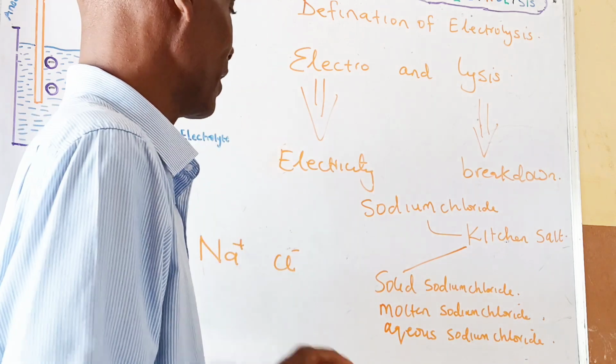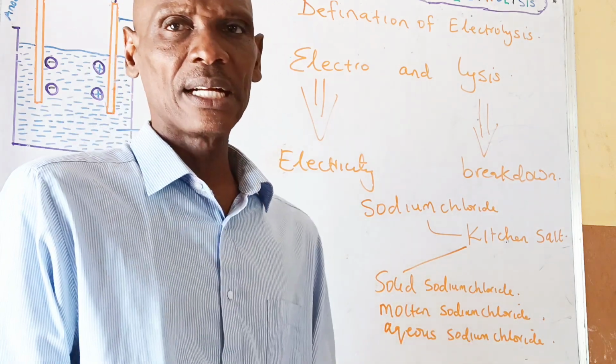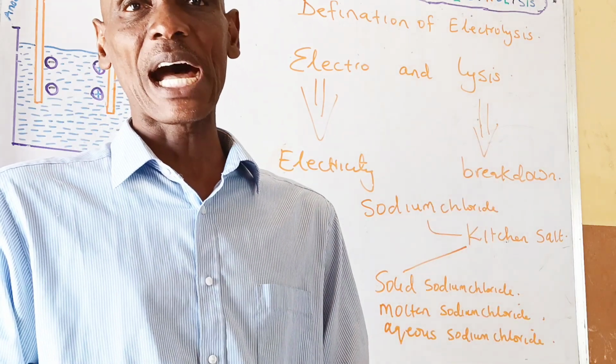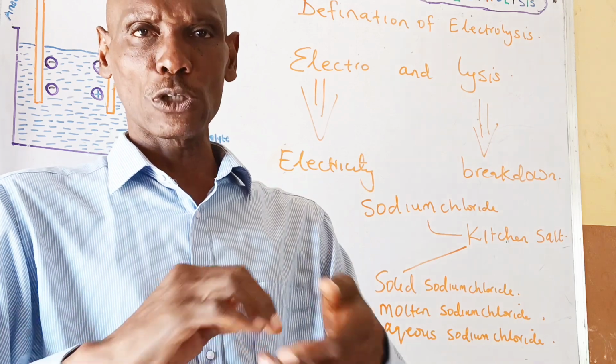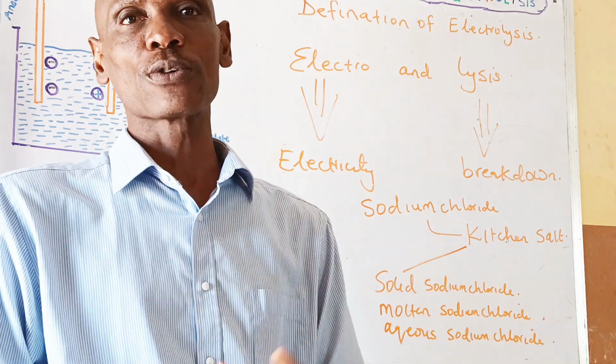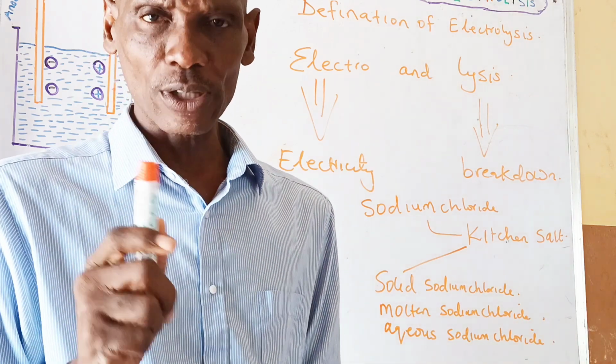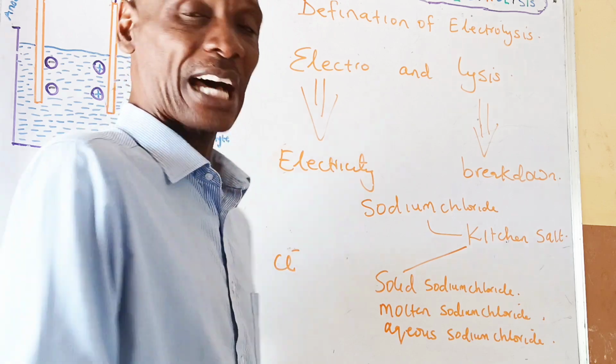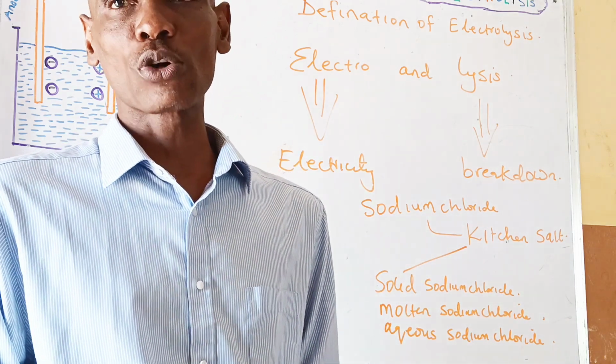In the solid sodium chloride, the positive sodium and chloride are locked together by a strong force of attraction. In other words, the ions are not free, they are not mobile.